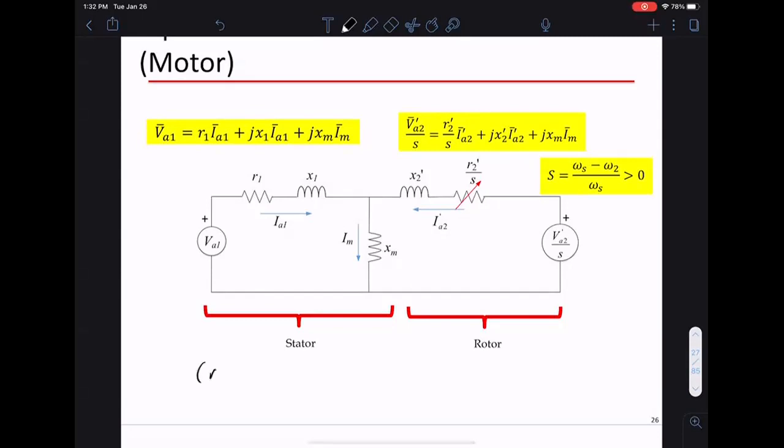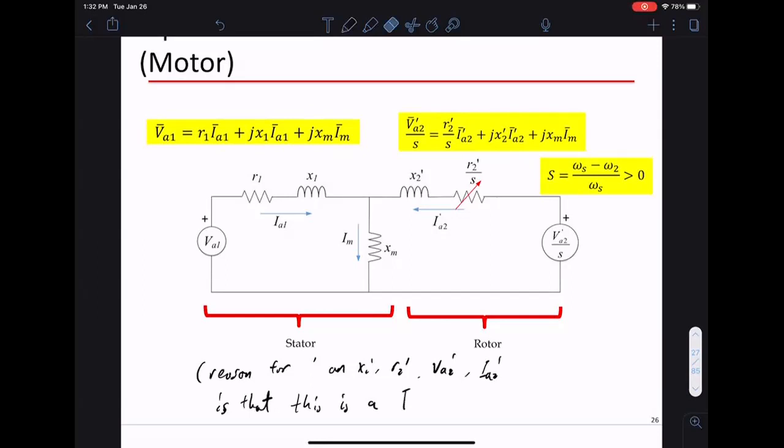So the reason for the prime on things like X2 prime, R2 prime, VA2 prime, IA2 prime is that this comes from the fact that you can model it as a transformer circuit.